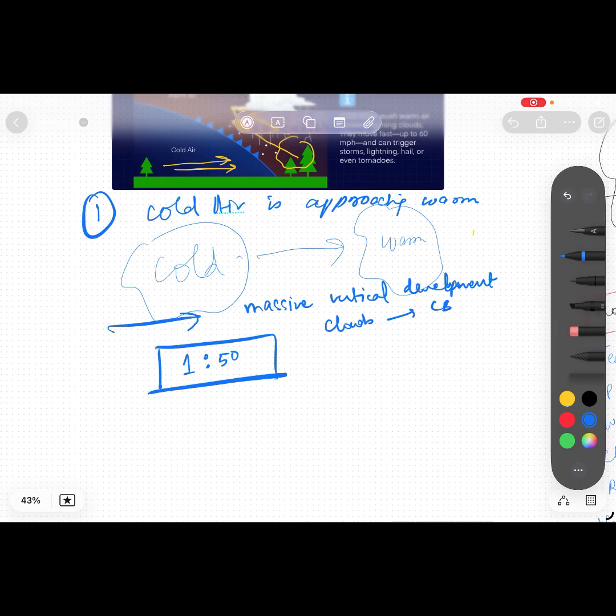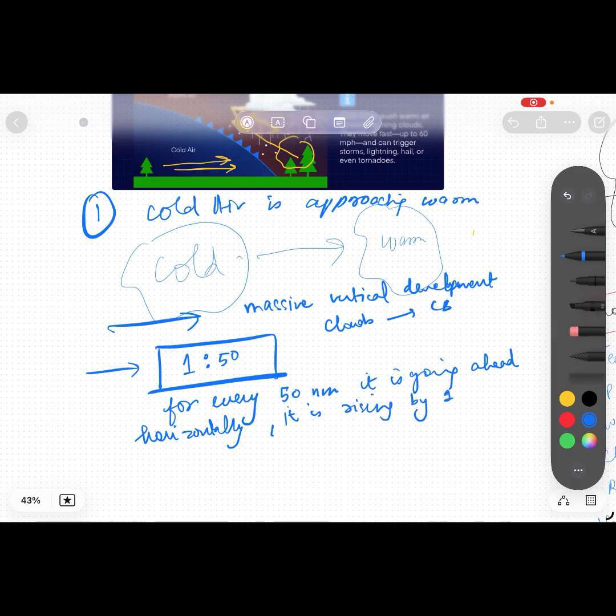Then of course this leads to the development of massive vertical development of clouds. So these are mostly cumulonimbus clouds, the vertical clouds that are formed, and also the slope is 1:50. That is, for every 50 nautical miles it's going ahead horizontally, it is rising by 1 nautical mile.